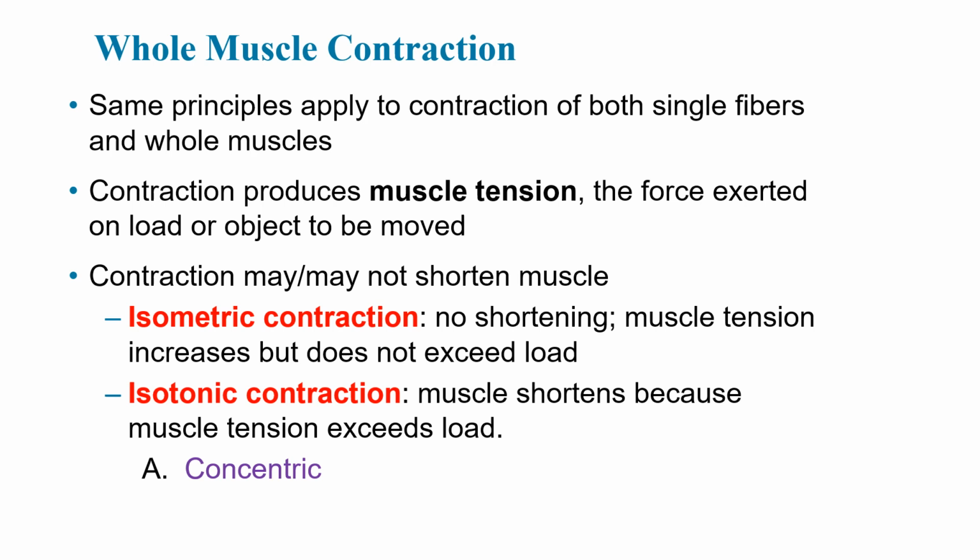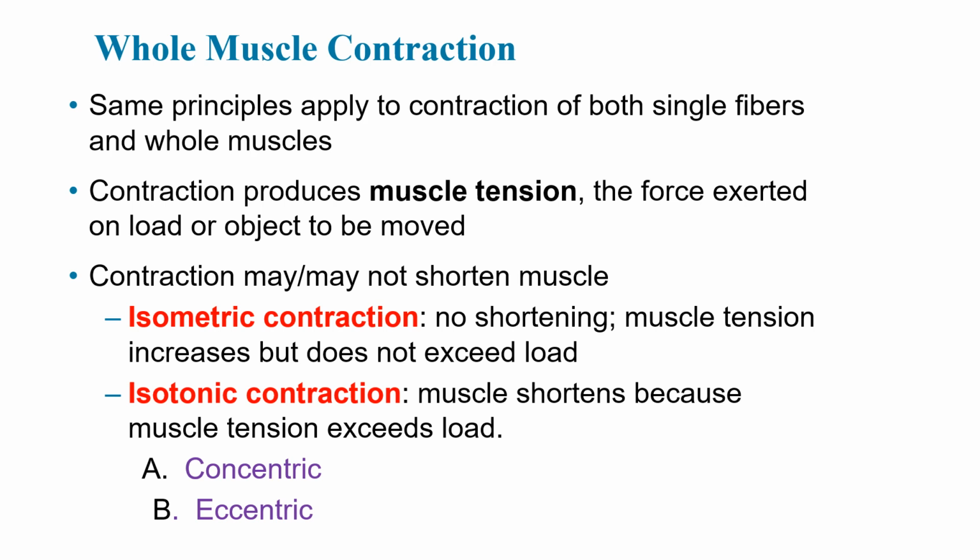There's concentric, where your muscle ramps up to move the load. So you start from a relaxed state and you increase until you move the load. And then you have what's called eccentric, which is basically sort of a releasing. So let's say you're putting the phone down and you're lowering it, and the muscles are gradually getting longer as you're lowering it.